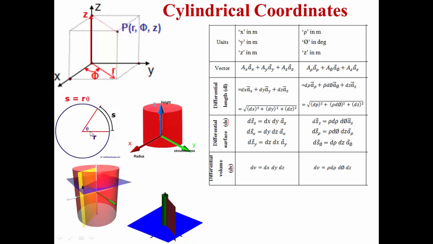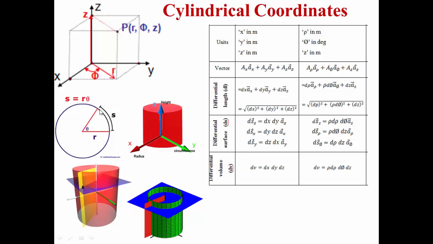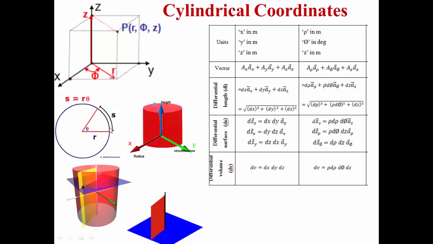The radius is r, and this may be the starting point, this may be the ending point. We require this length, we do not require the angle for this. The length is s, which is equal to r into theta, the arc length concept.